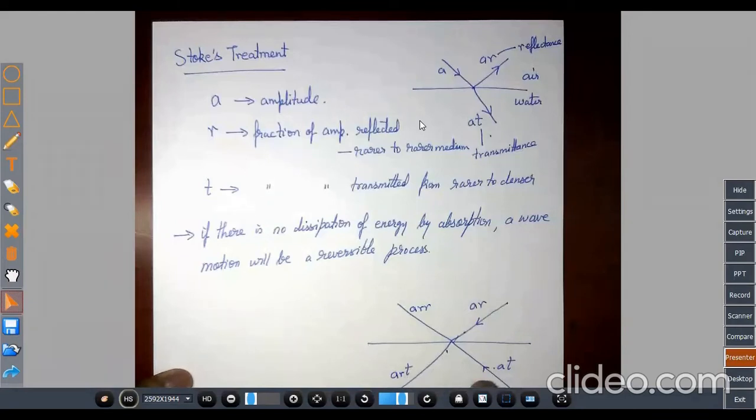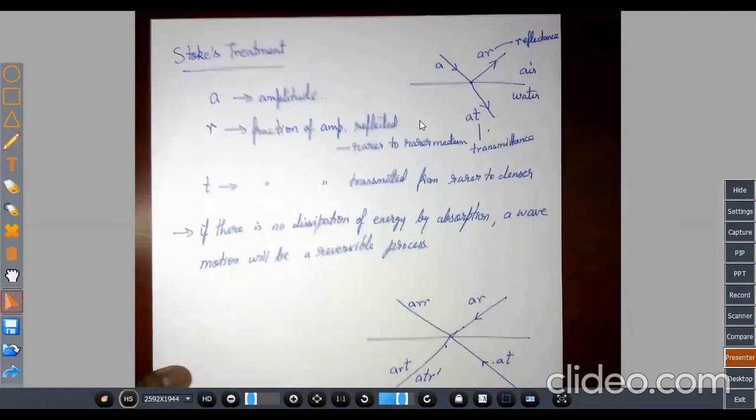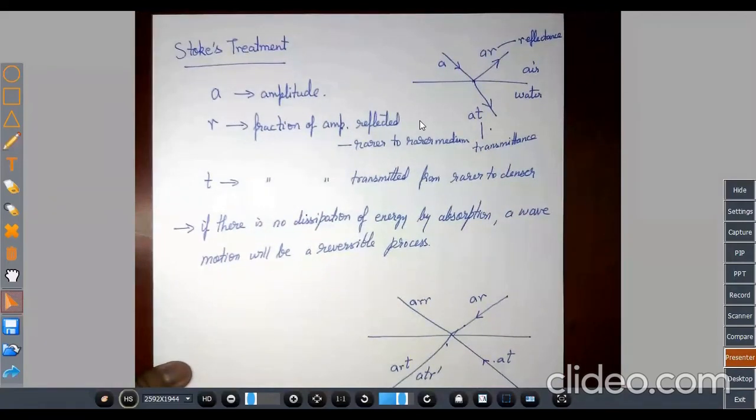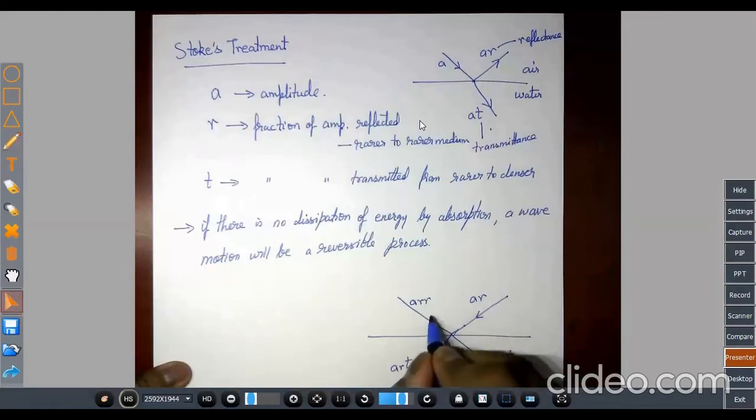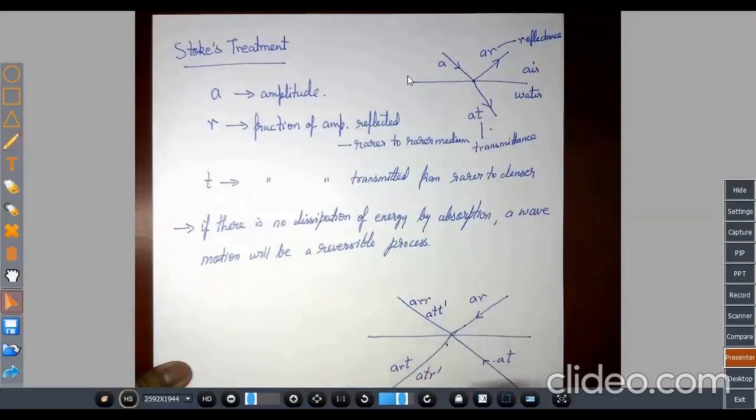Now consider this light. This light will be partly reflected but this is being reflected from a denser to a denser medium, so there will be a different reflectance. We call that reflectance r dash, and a part of this wave will be transmitted, and the transmittance is from the denser to the rarer medium, and this transmittance we will call t dash.